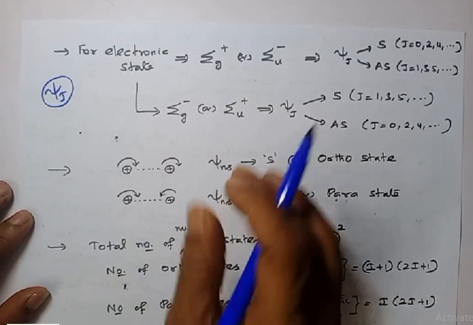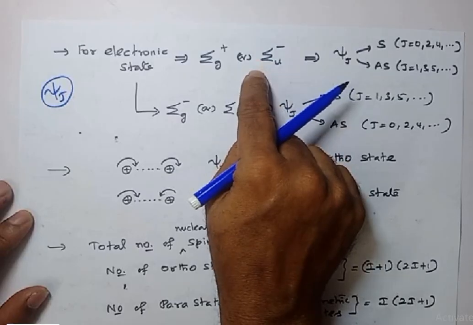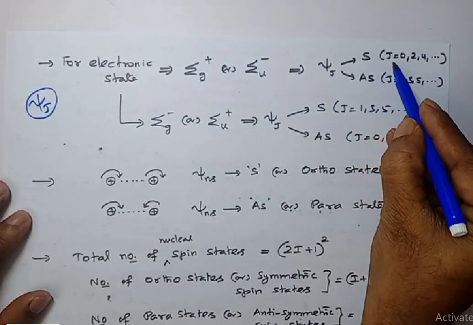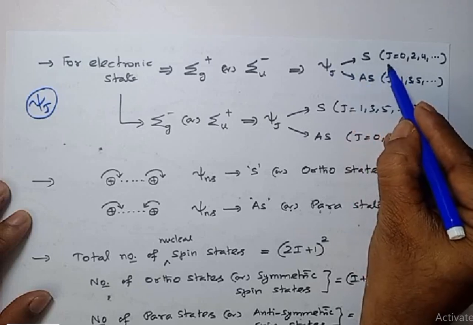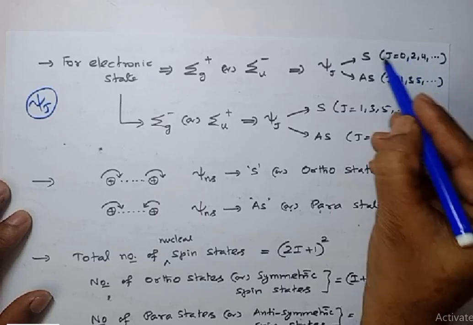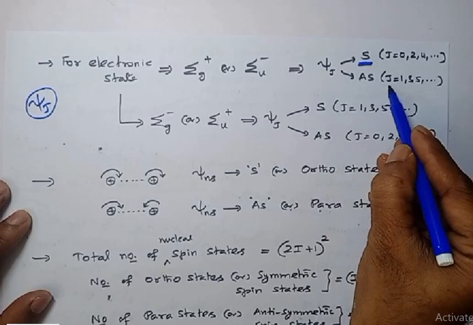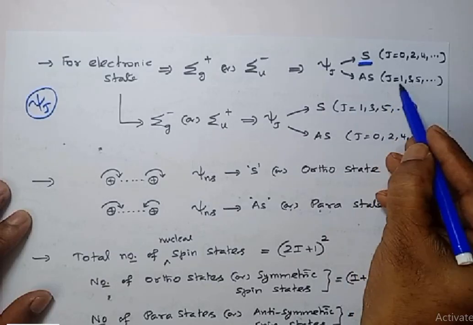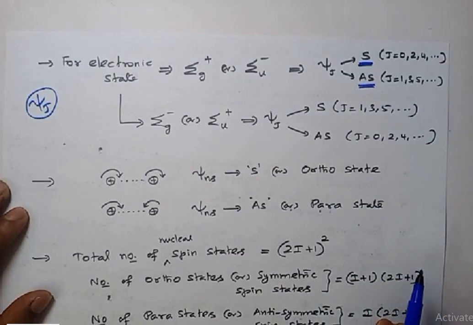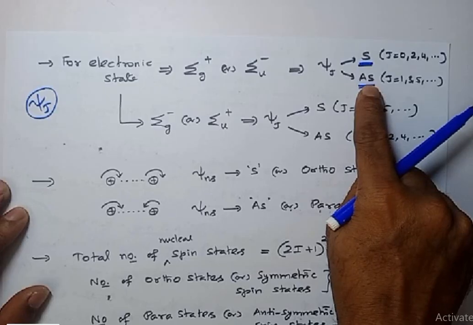If the molecule is present in this electronic state or in this electronic state, in both cases the rotational states having even J values, J = 0, 2, 4, 6, etc. are symmetric, and the rotational states with odd J values 1, 3, 5, 7 are called antisymmetric states.